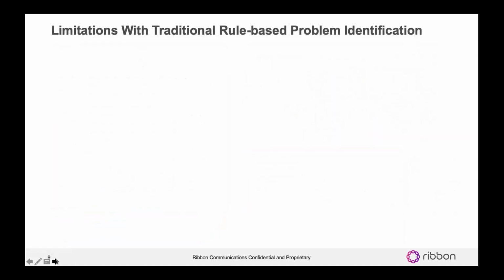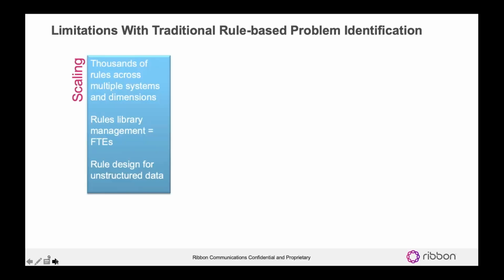But even though the rules are great, and I certainly don't want to knock them, there definitely are limitations. And one is certainly around scaling. You can create hundreds, thousands of different types of rules.